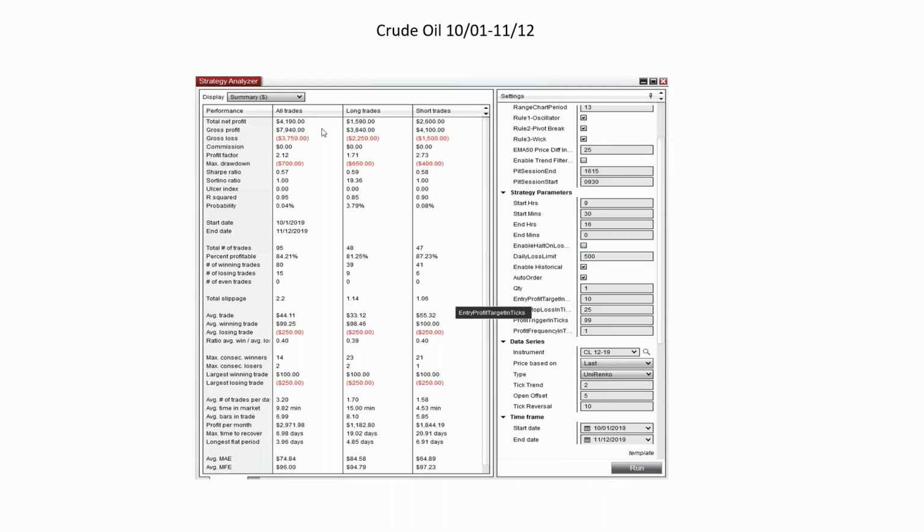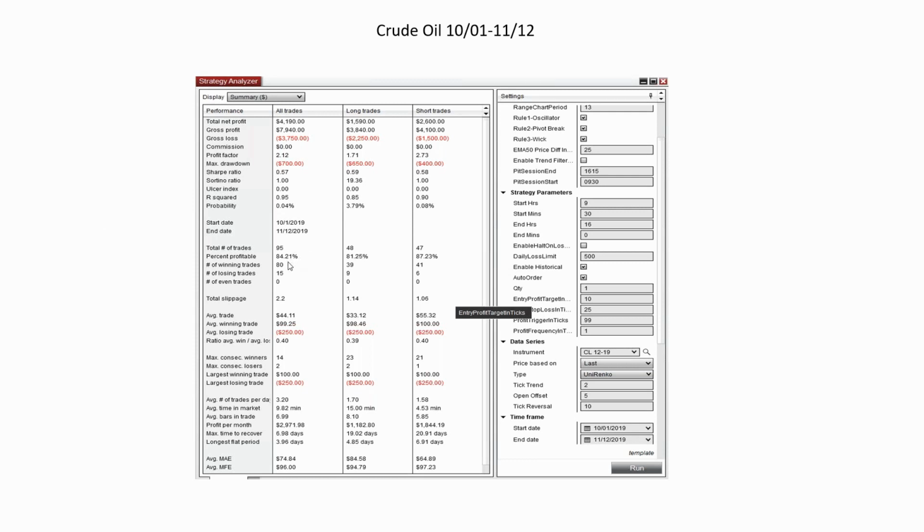Now here's the NinjaTrader results for crude oil from 10/1 to 10/11. It had a net profit of $4,100, $7,900 in gross profit, $3,700 in gross losses.